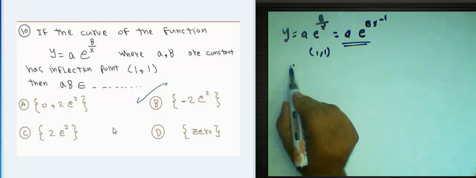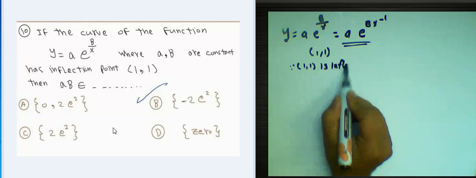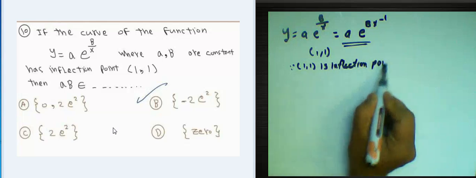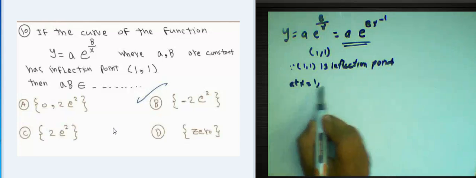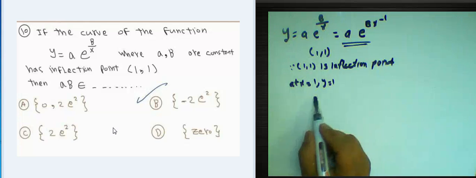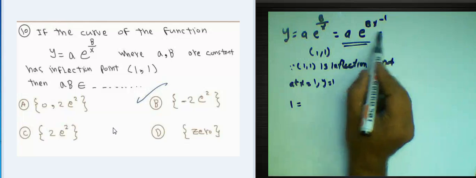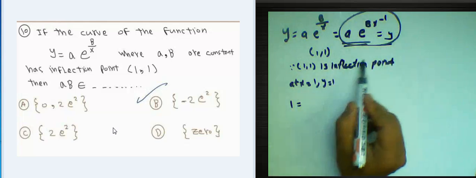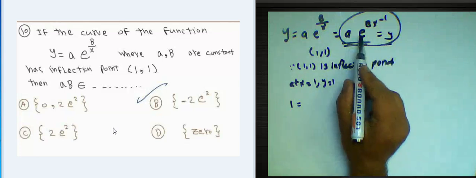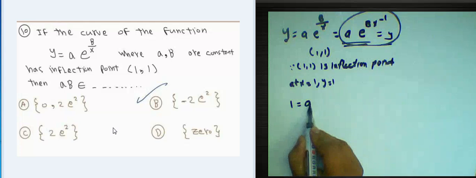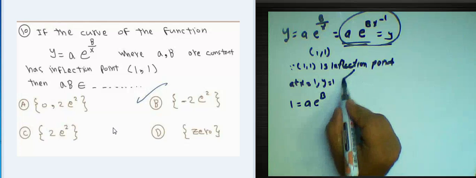Such that (1, 1) is an inflection point, then when x equals 1, y will be equal to 1. Here we put x equals 1 and y equals 1 in this equation, then 1 equals a times e to the power b. Okay, this is the first solution.